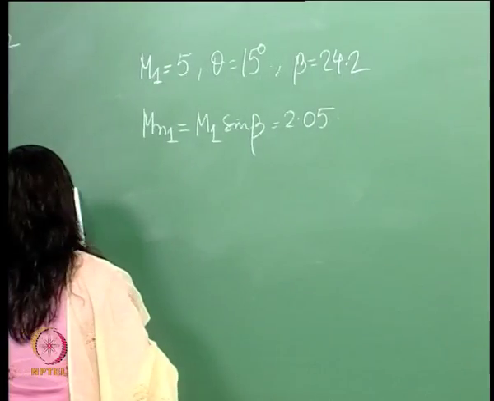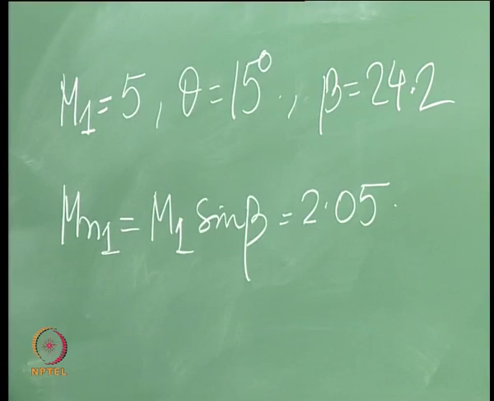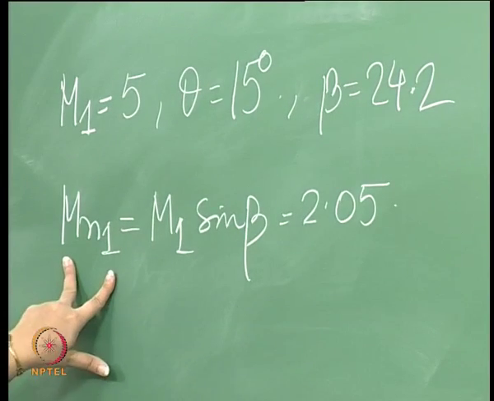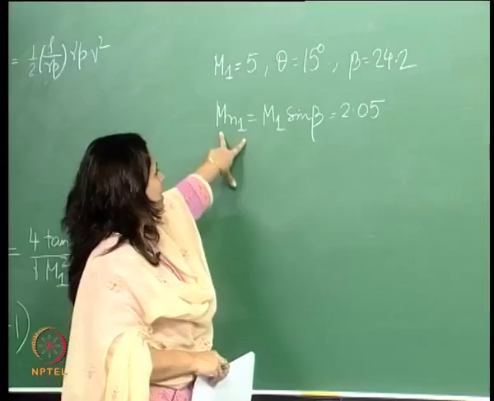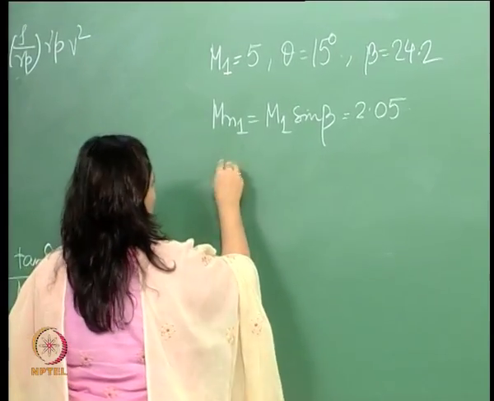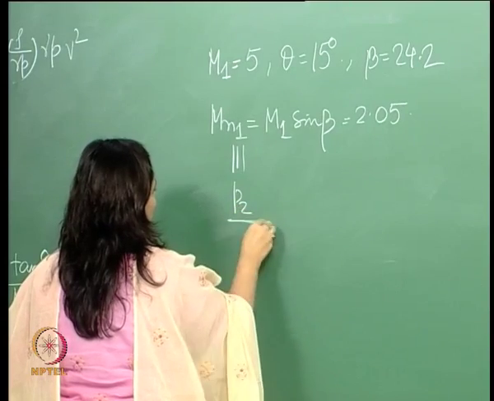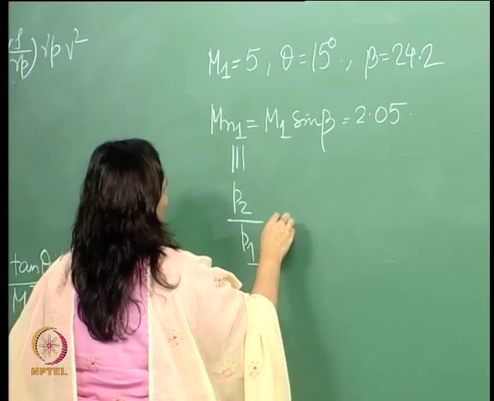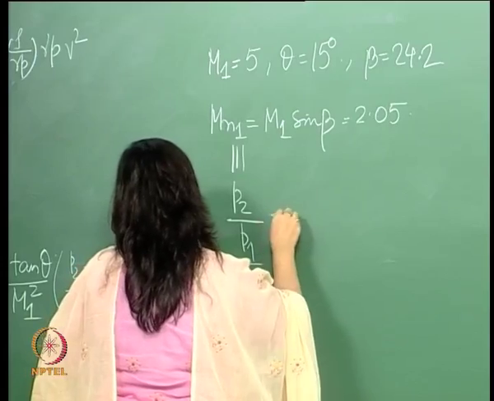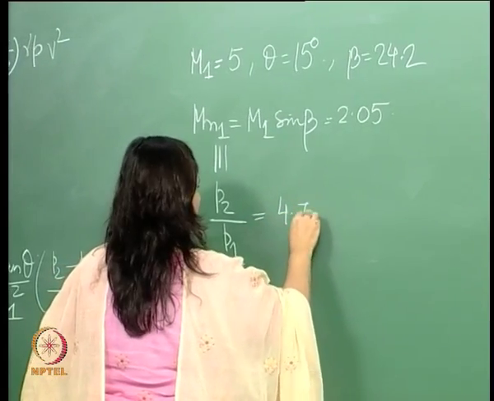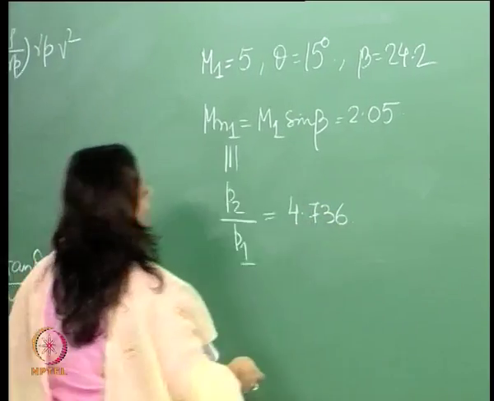Now once we get this, we calculate corresponding to this Mach number the P2 by P1, which comes out to be 4.736, which is nearly 5.